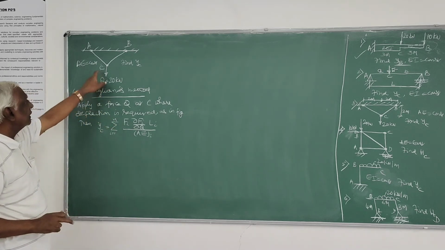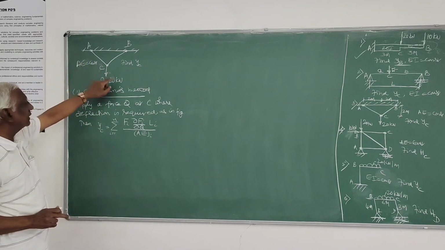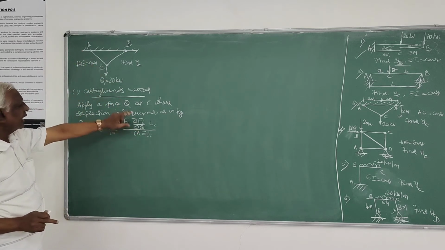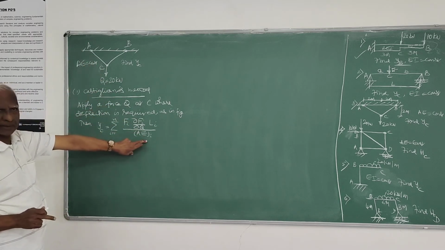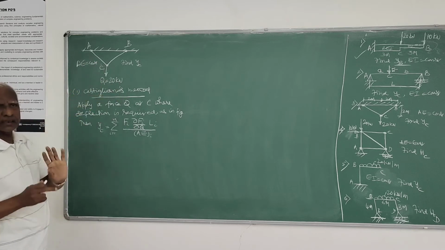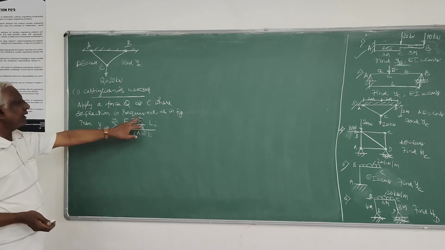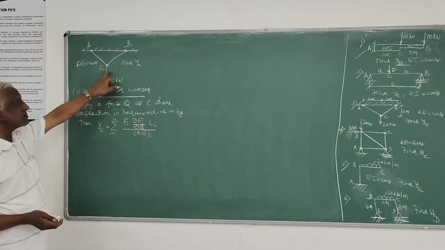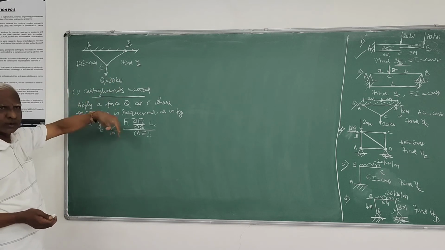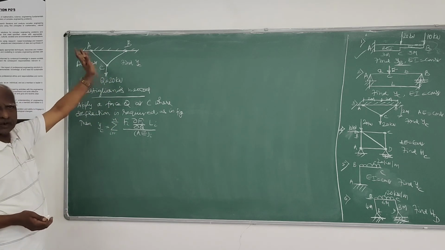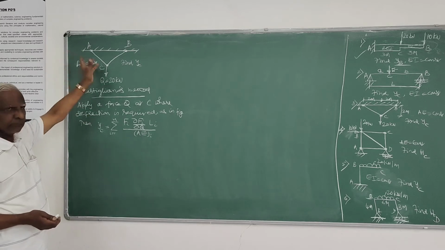Fi is the force in any member i, and AEi is the axial rigidity of any member i, Li is the length of the member i, and that Fi is in terms of Q, because we are applying a load Q. In terms of Q only we get the force in all the members.